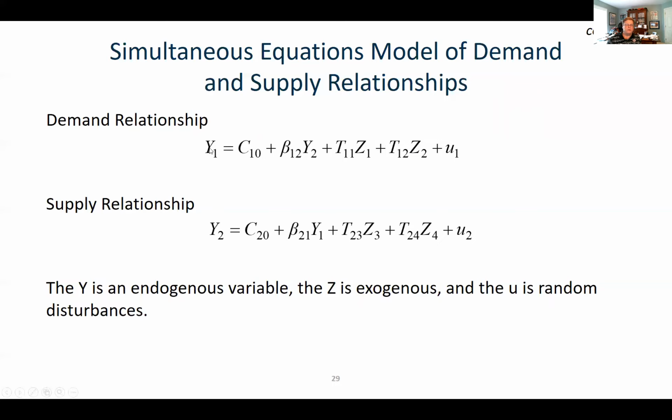Here's Robert Bosman. And, you know, we do that for each equation. And we find that each equation is over-identified. We get the three-stage least squares estimates.